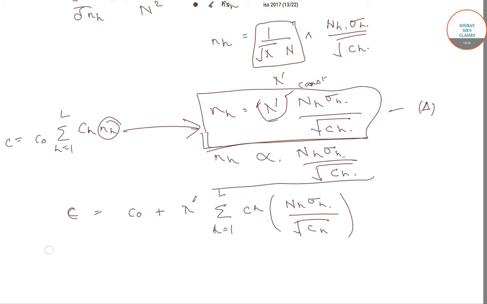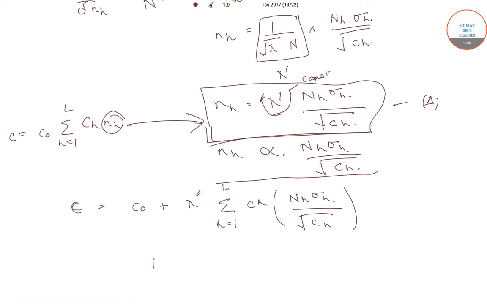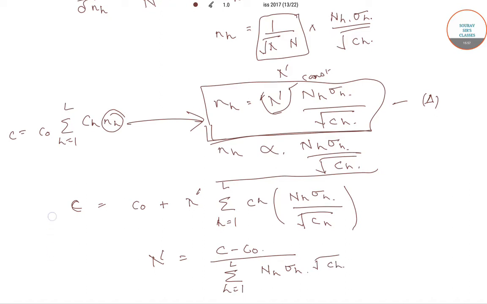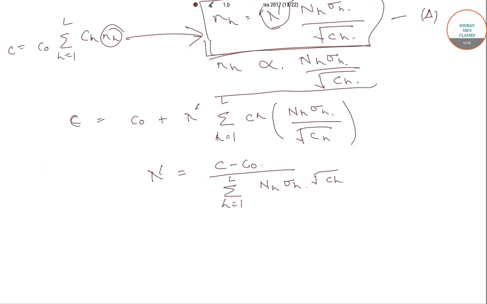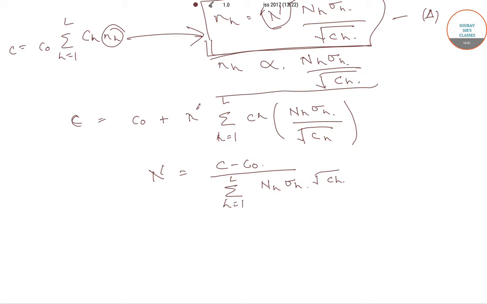Now from here we would get our lambda dash equal to C minus C naught divided by summation h goes from 1 to capital L of Nh sigma h into root over ch. So this is our lambda dash.